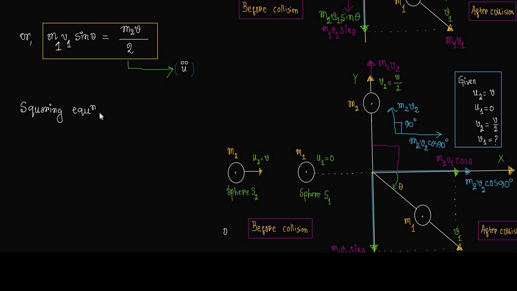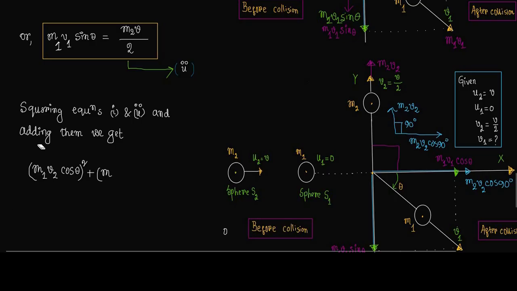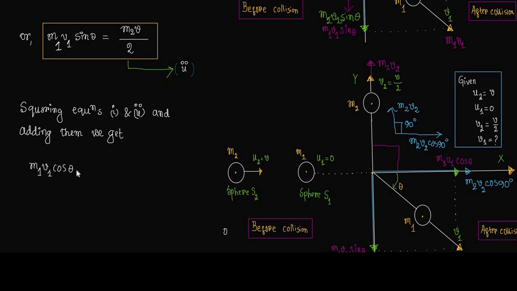Squaring equations 1 and 2 and adding them, we get m1 v1 cos theta whole square plus m1 v1 sin theta whole square equals m2 v whole square plus m2 v by 2 whole square.